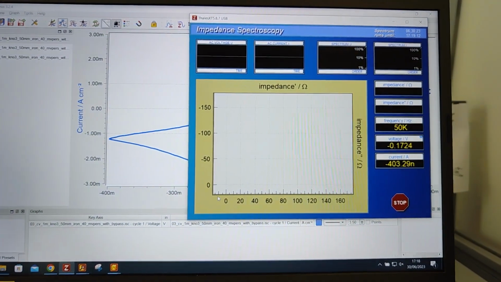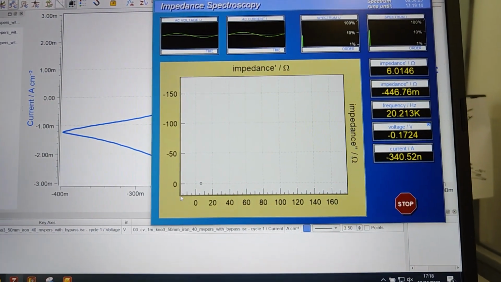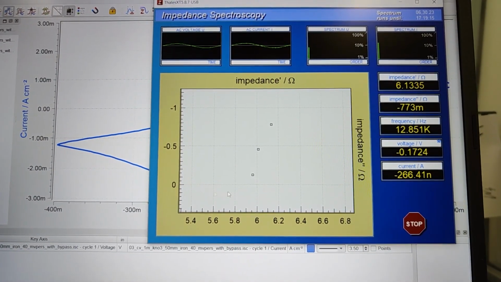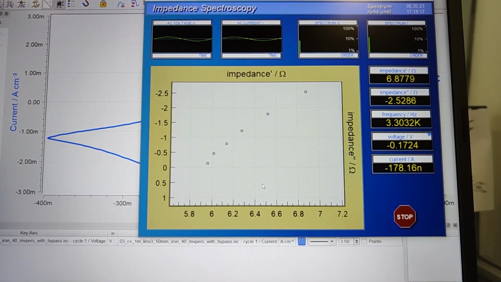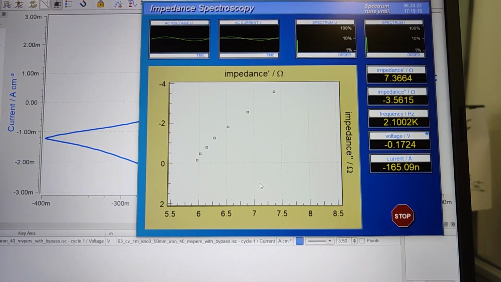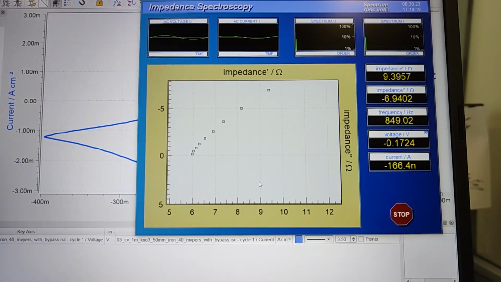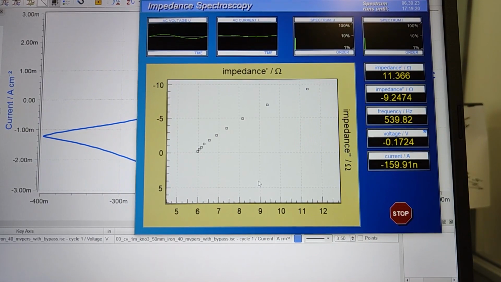So we can see the real part of the Nyquist plot and the imaginary part, and right now we are in the high frequency region, and we see how it continuously goes.